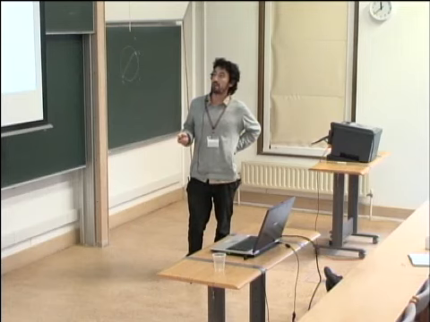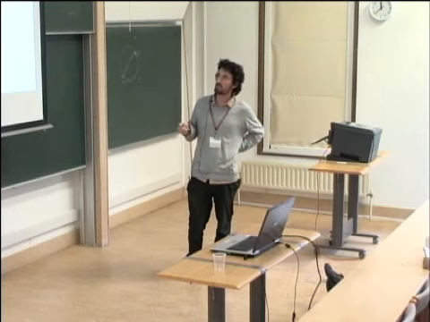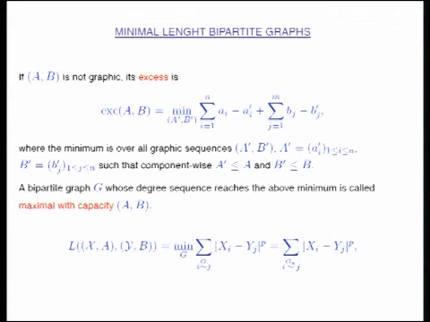A bipartite graph G whose degree sequence reaches this minimum, so which loses the fewest possible number of edges, is called maximal with capacity A, B. So you can define the cost as being the minimum over all graphs which are maximal with capacity A, B of the sum of the lengths. And it's reached for some optimal graph G star when the point set is finite.